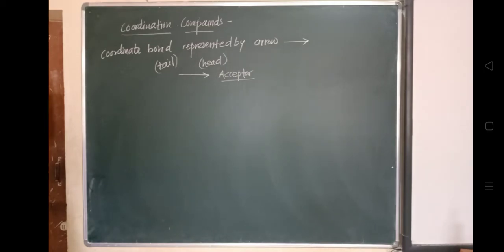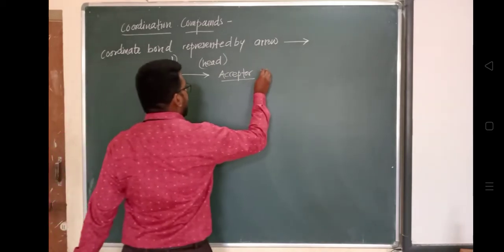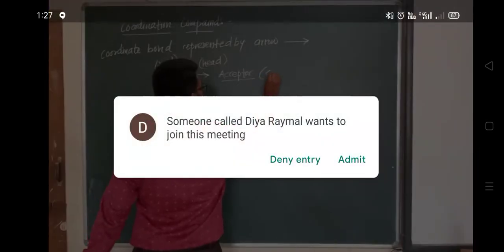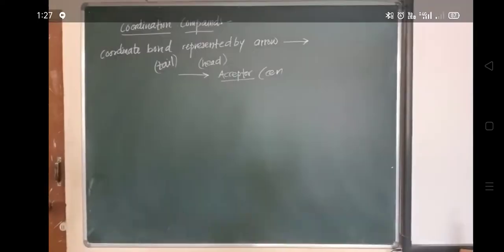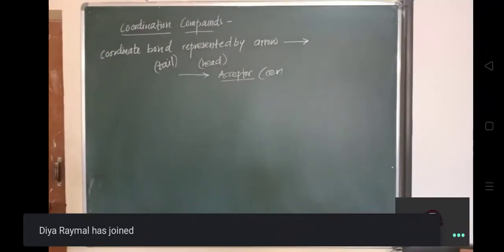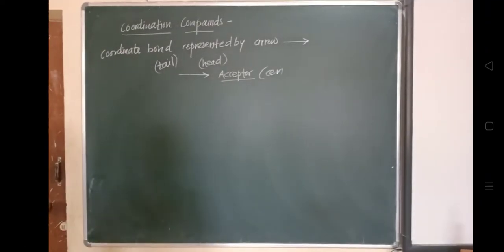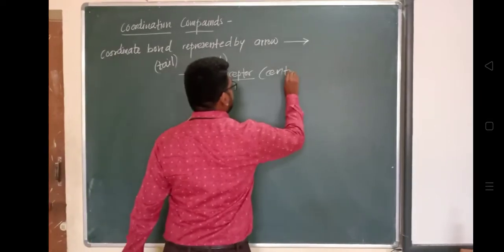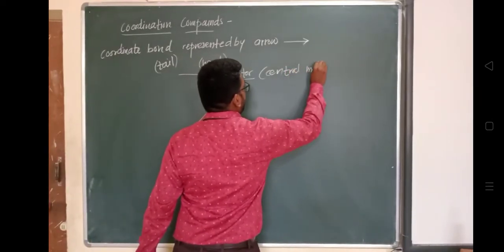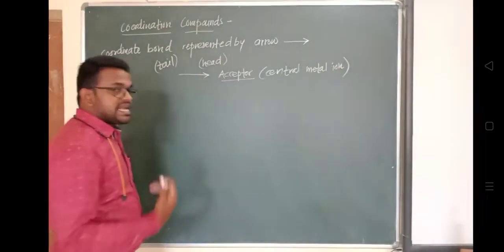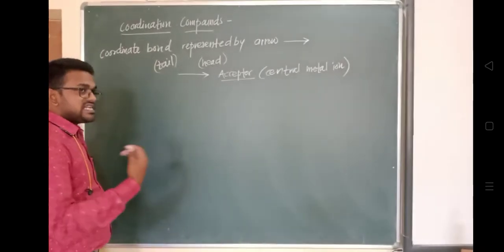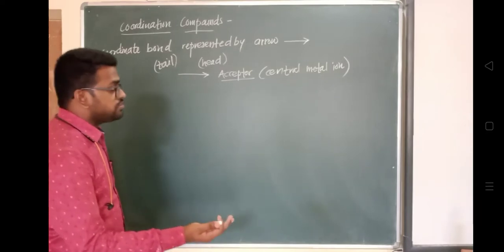So the central metal ion accepts the electron because it is electron deficient.